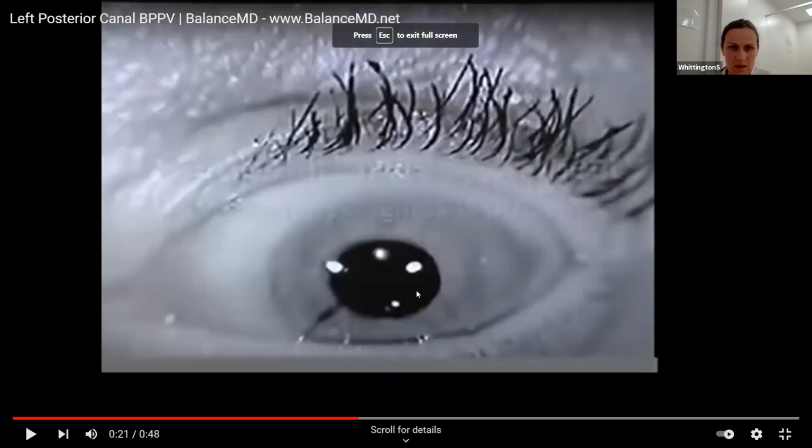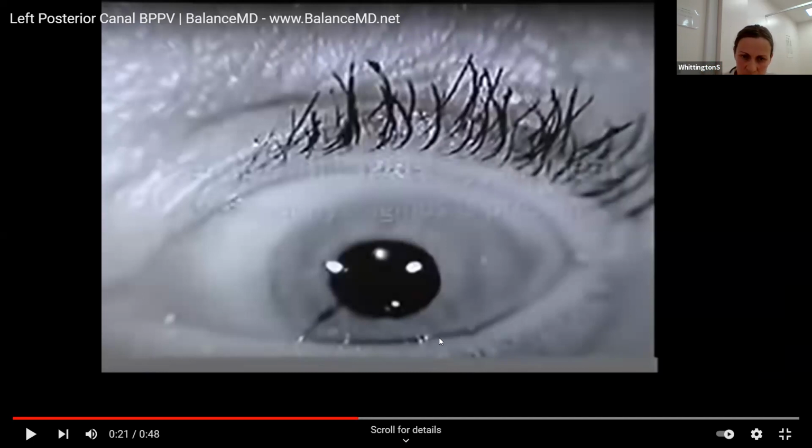Okay. So this is a very good video because this patient has a little bit of a line in their pupil. So this is going to be a nystagmus of a posterior canal BPPV. If you look at the eyeball and that little line in the pupil, you can really see that torsional component.